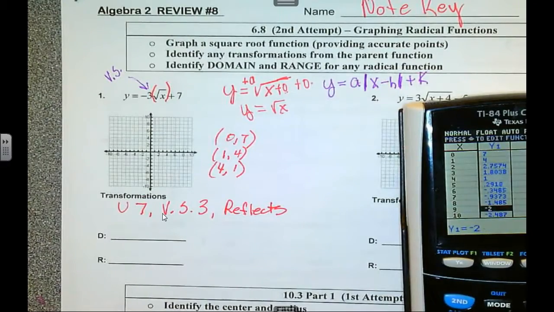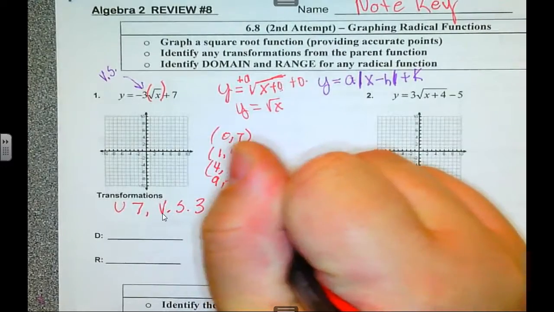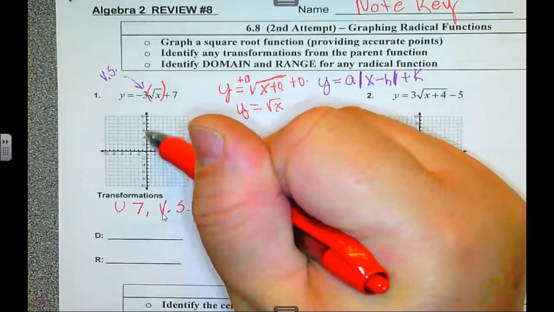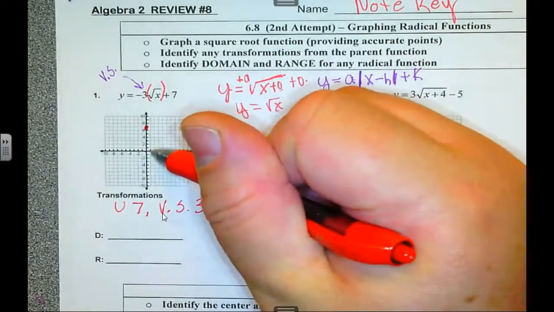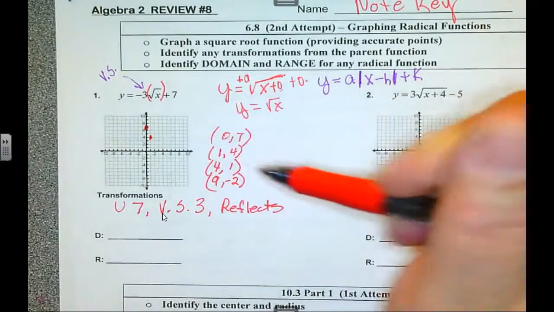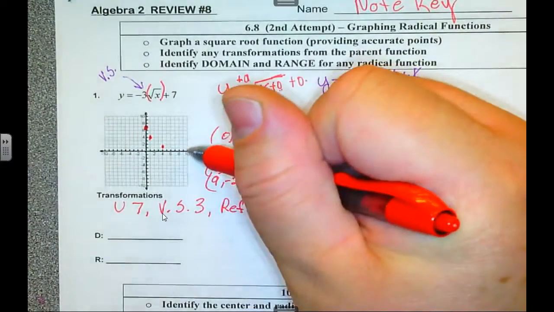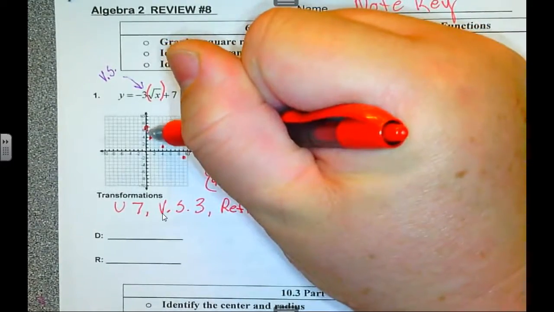Well, there's one, 9, -2. So let's plot those points. You could probably do it with 3. 1, 4, 4, 1, and then 9, -2. So here's my graph.